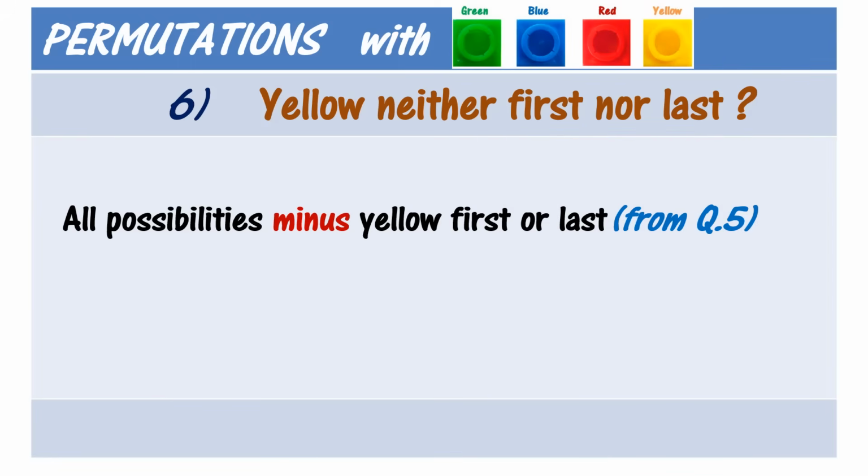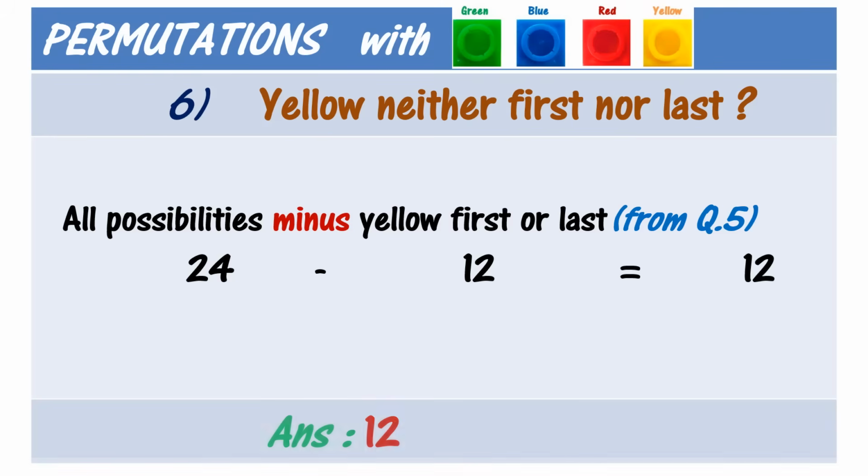We could take all possibilities and subtract yellow first or last from question 5. The answer is 12.